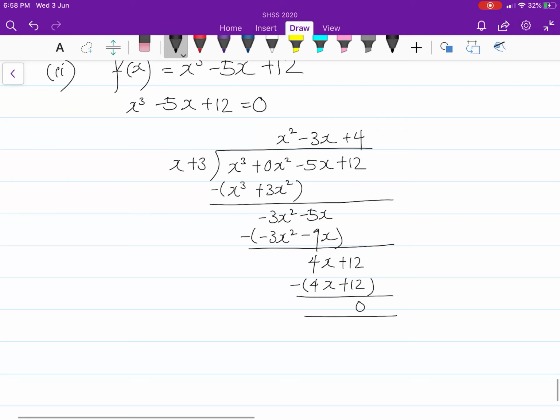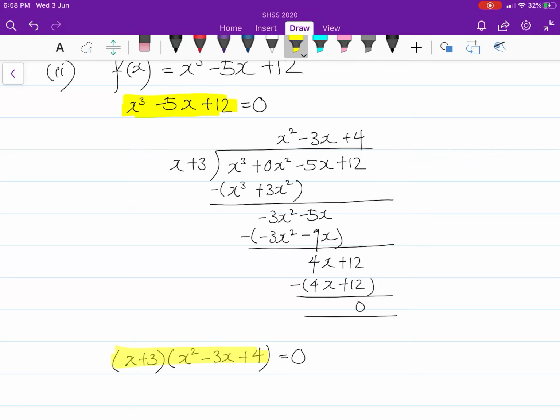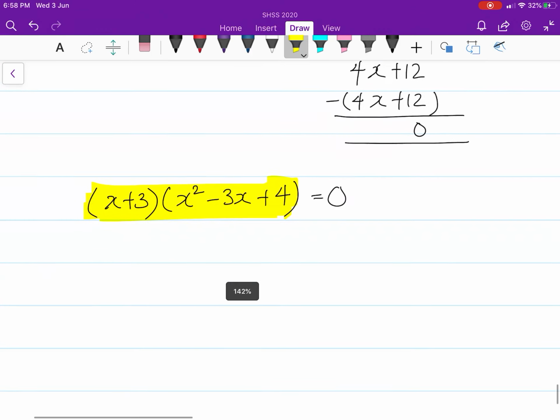So basically, now I know x cubed minus 5x plus 12 is actually equal to x plus 3 multiplied by x squared minus 3x plus 4 equals 0. So how many roots are there?